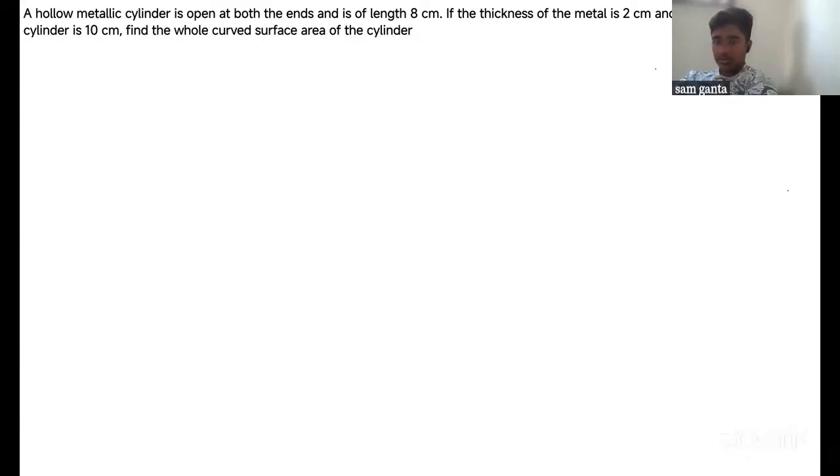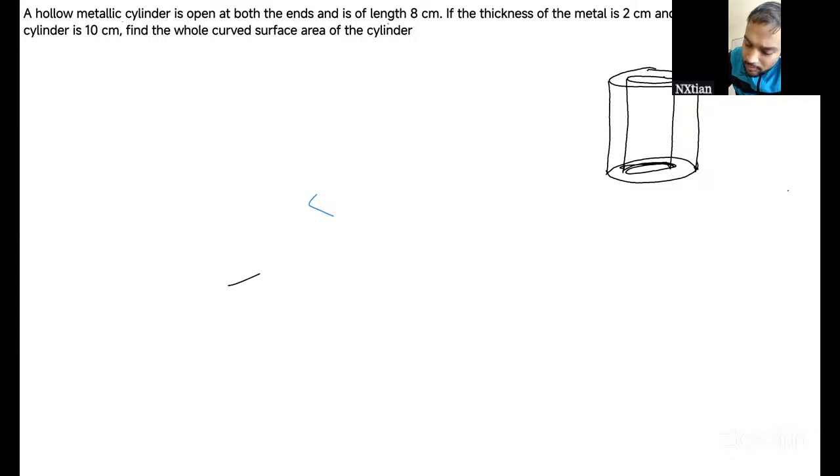Yeah. So basically, there is a hollow cylinder like this. Now, the metallic hollow cylinder is open at both ends, its length 8 centimeters.